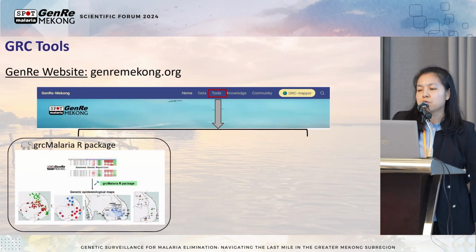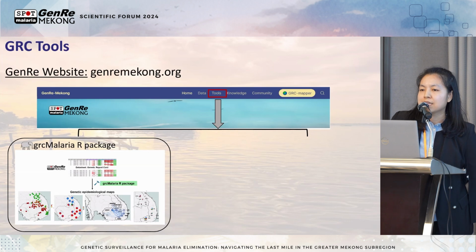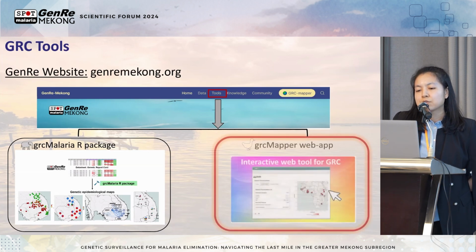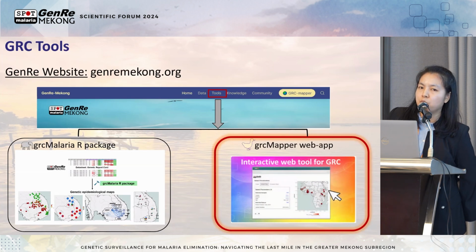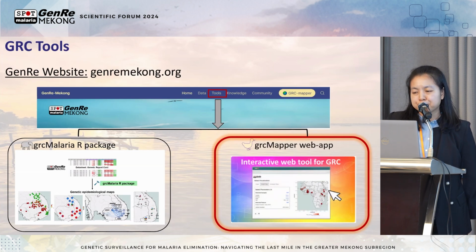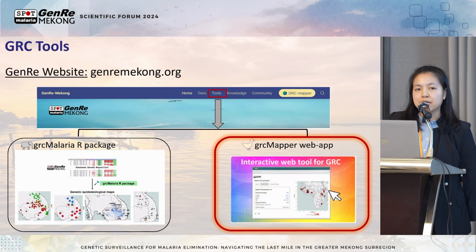For this one, you use the code to run and turn the genomic data into meaningful graphical visualizations, which make it easier to read and interpret. But for today, what we're going to work on together is the GRC Mapper web app, which is a quick exploration for the public surveillance of the GRC data. This is very useful for the NMCP activities. So we will go through this together today.